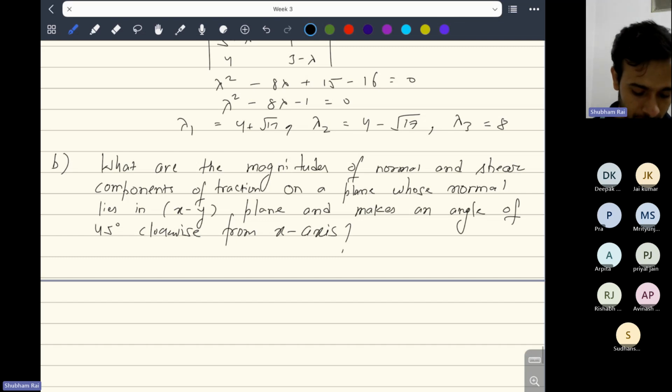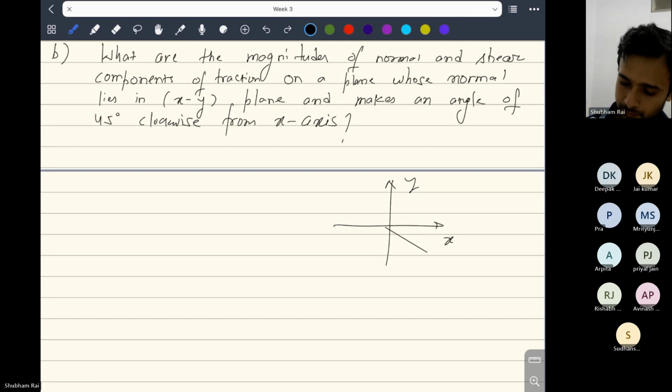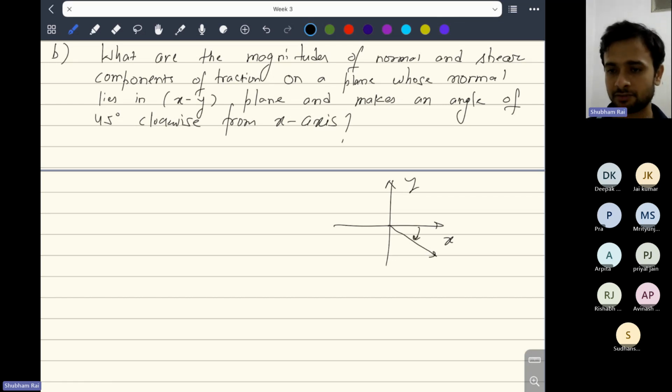So you just have to apply the formula. Let's say this is your x-axis, this is your y-axis. The normal is making 45 degrees clockwise. But you know that from the x-axis we have to take angle anti-clockwise, so we can say that this is minus 45 degree.